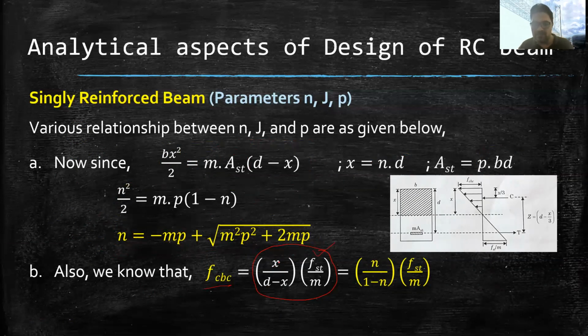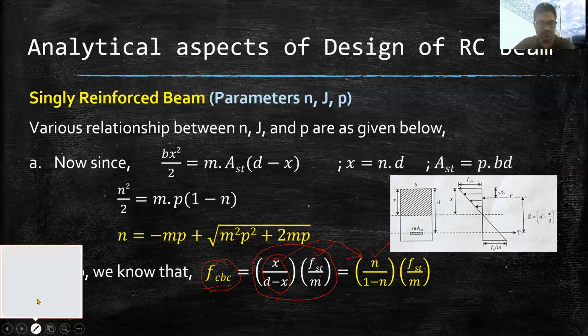If we replace x by d by n, we will be able to replace this value by n upon 1 minus n. So if we are given the n value, we will still be able to identify the value of fcbc. This is another important relationship.